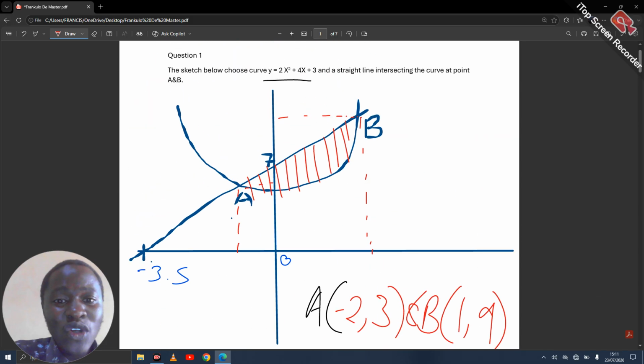For us to get the area of this shaded part, first of all, we must get the area of this whole function, then the area of this line, which will be tiresome. It is not easy to get the area of a line, but at some given point it is easy to get the area of a curve. But that one is very long.